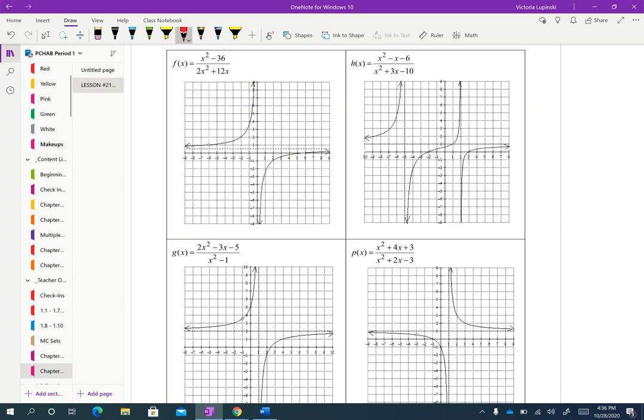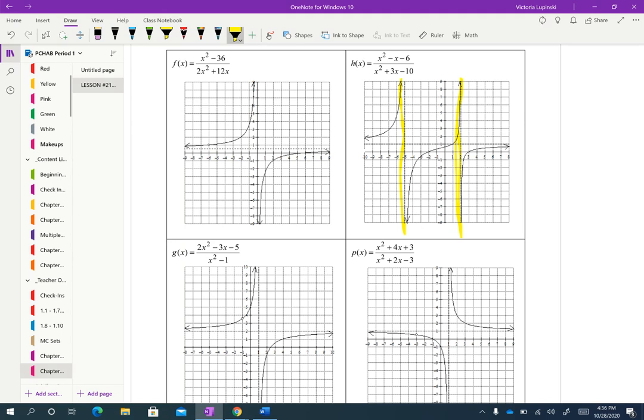As you look at these 4 pictures, try to identify some things that are different. We'll highlight them here, and then I'll formalize them up on the top. Notice they're called F, H, G, and P. The first thing that we notice about H is that there are 2 vertical asymptotes, as opposed to all the other ones, which only have 1.